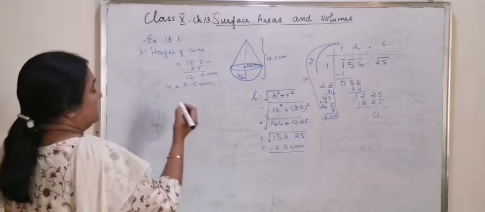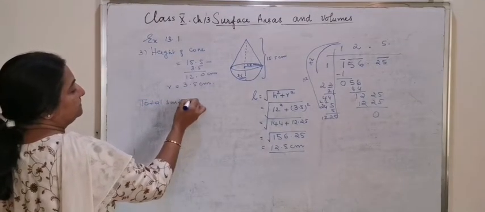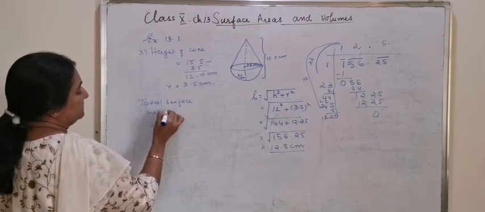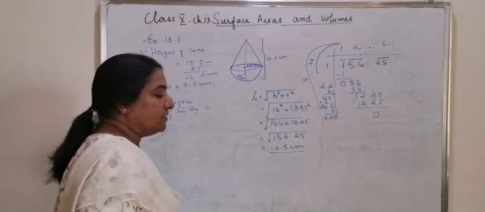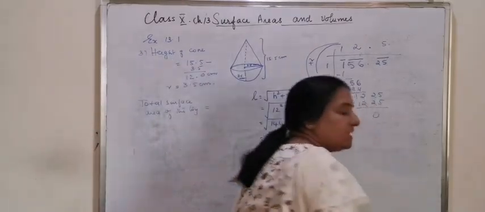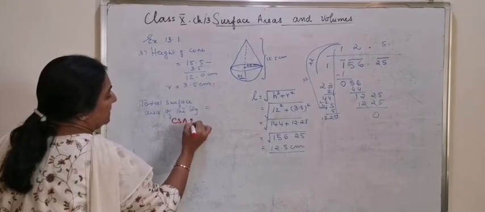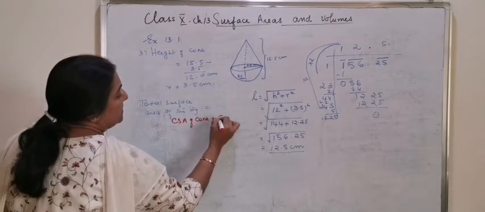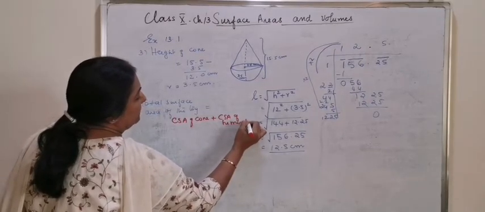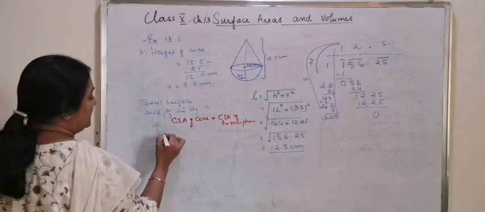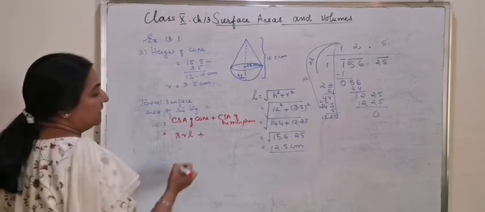And now, the total surface area of the toy is equal to curved surface area of cone plus curved surface area of hemisphere. Curved surface area of cone formula is pi RL.